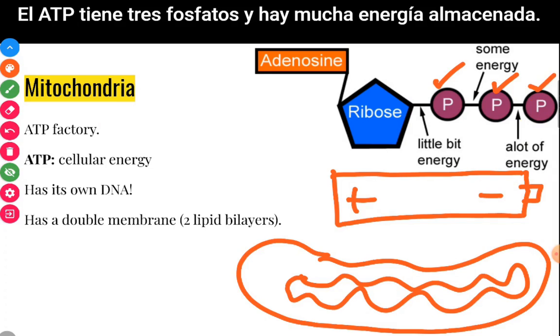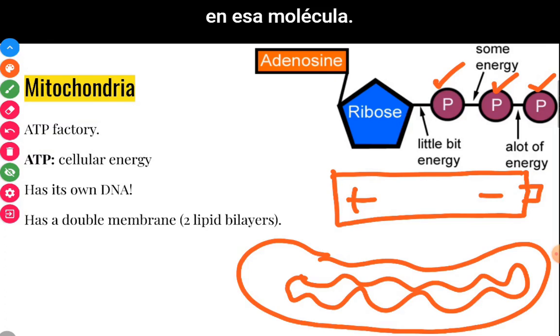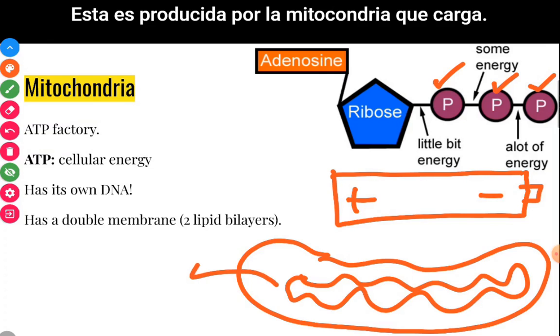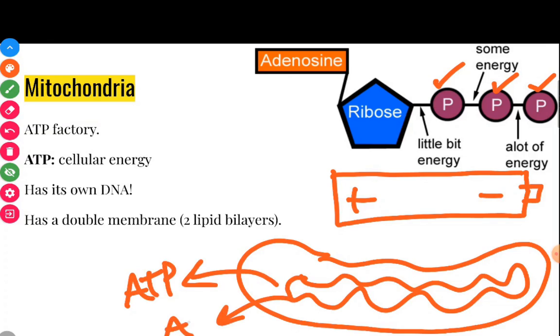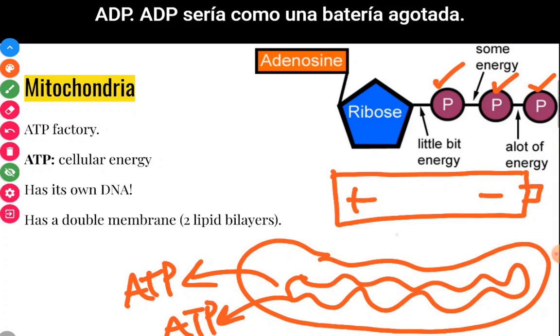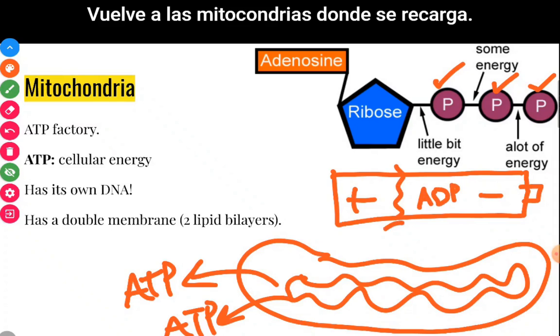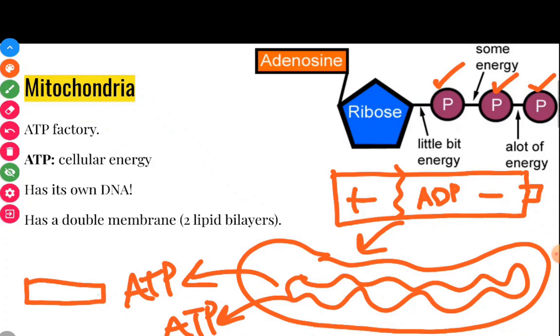ATP has 3 phosphates, and there's a lot of energy stored in that molecule. This is made by the mitochondria that charges ADP. ADP would be like a drained battery. It goes back into the mitochondria where it is recharged.